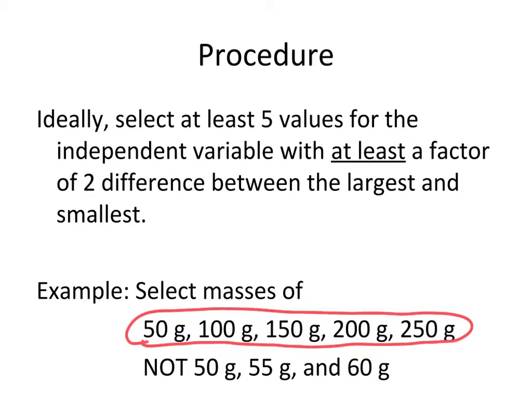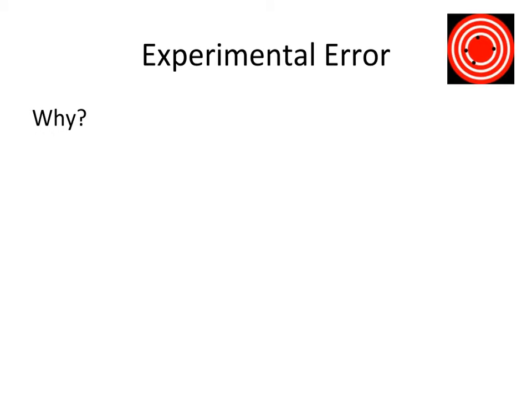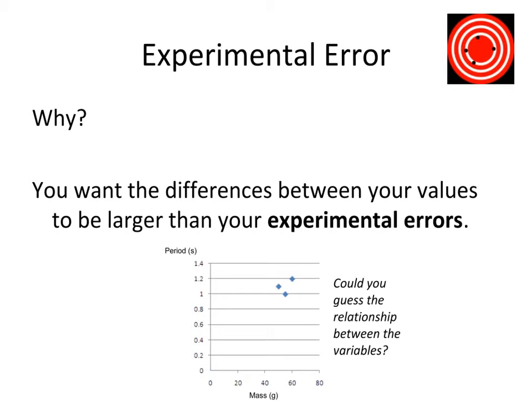If we choose 50 grams, 55 grams, and 60 grams, that doesn't meet the requirement. And that's because if the changes aren't big enough, we may not notice a difference with our experiment if we're looking at what happens to the dependent variable. In any experiment, when we make measurements, we have what's called experimental error.